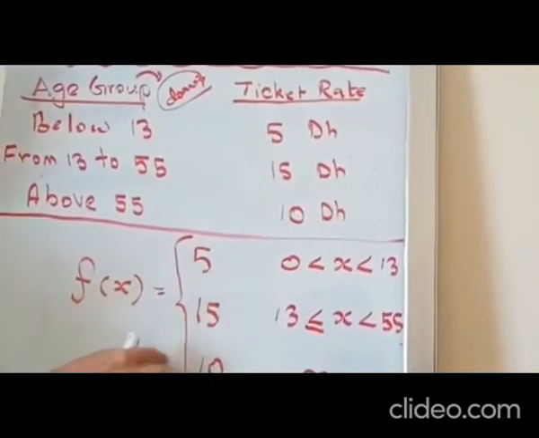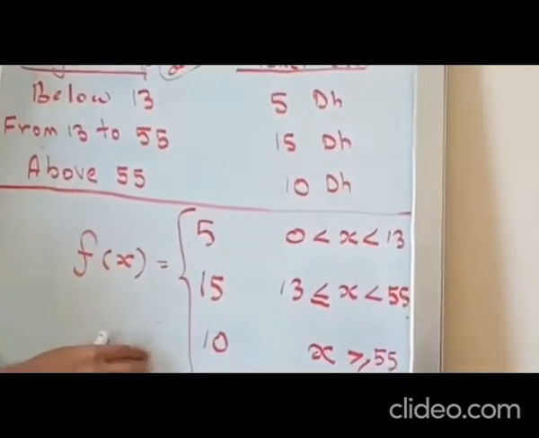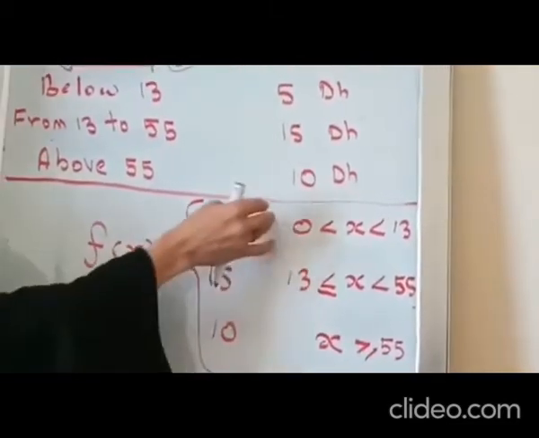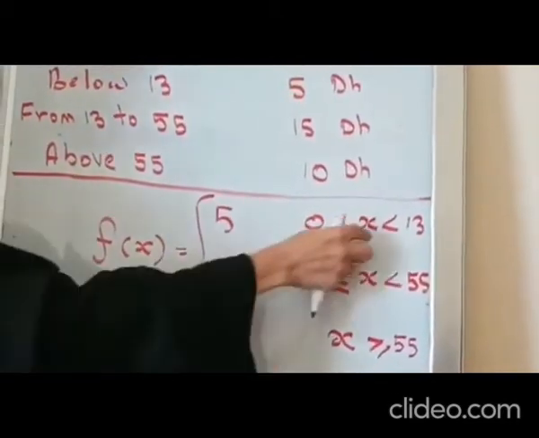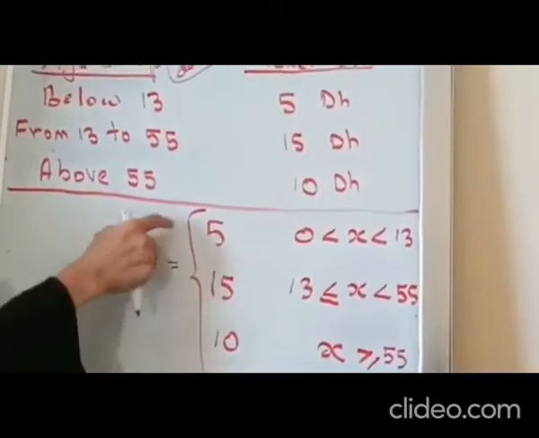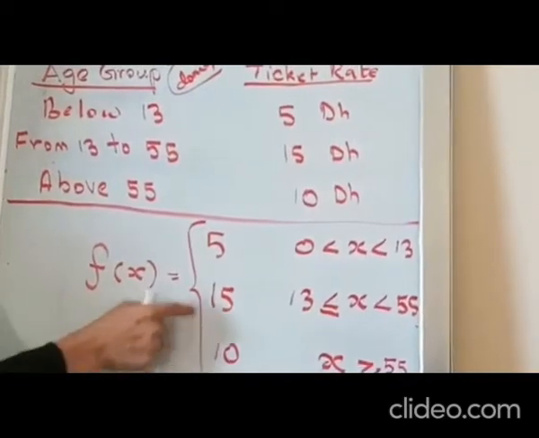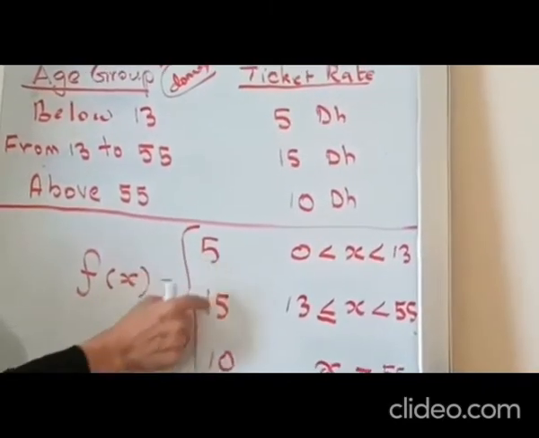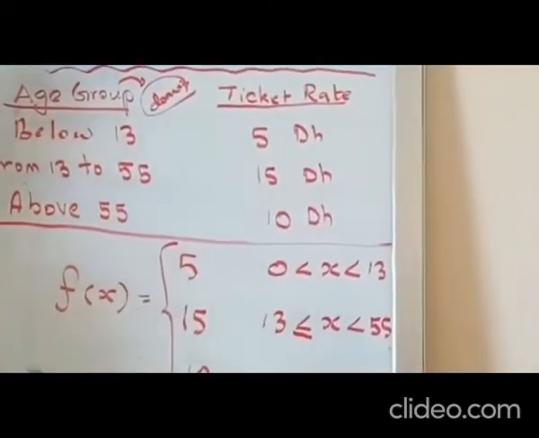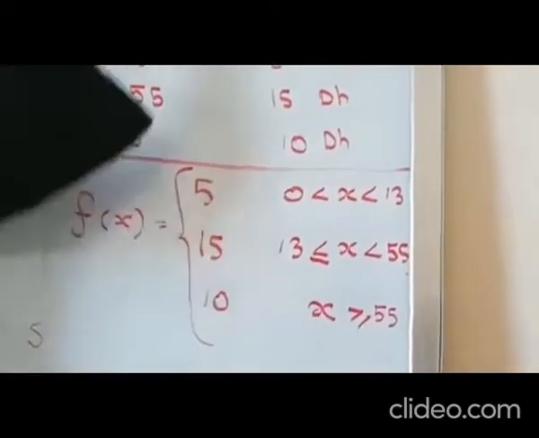This is a piecewise function. Why is it a piecewise function? Because it's a combination of different functions, or the rule is different for different domains. The domain is our age group. And in this typical function, f is constant everywhere. From 0 to 13 it is 5, so constant. That's another word for this kind of piecewise function.